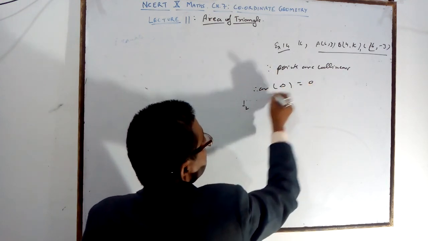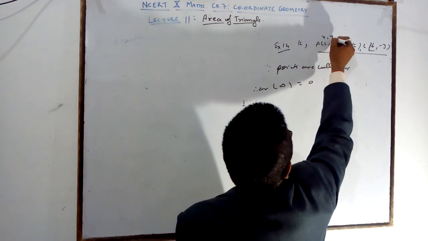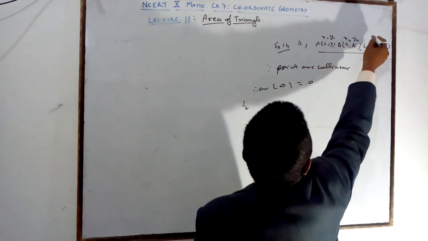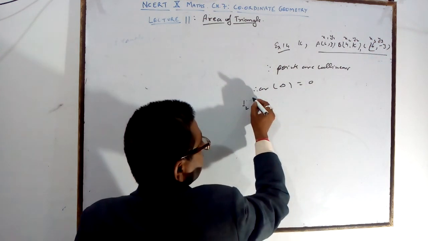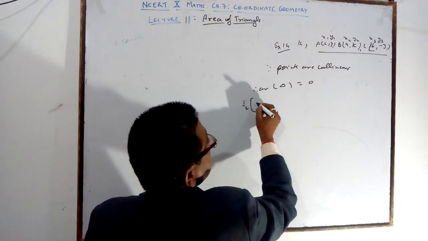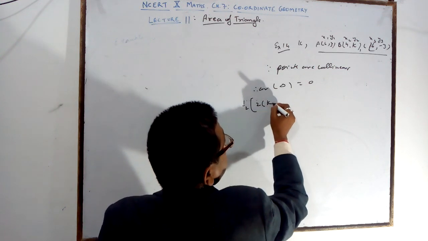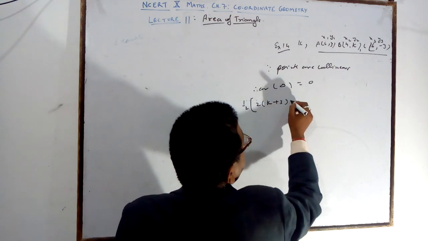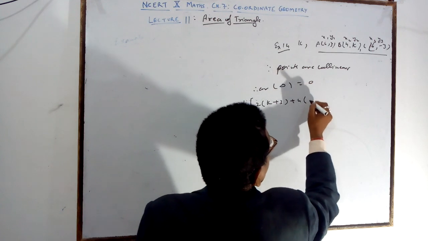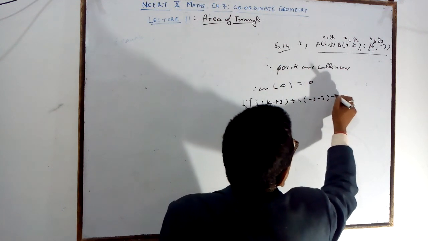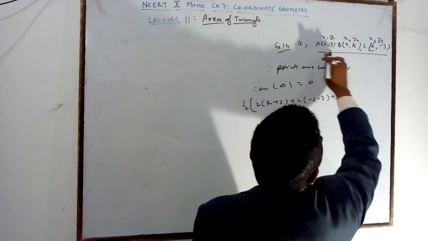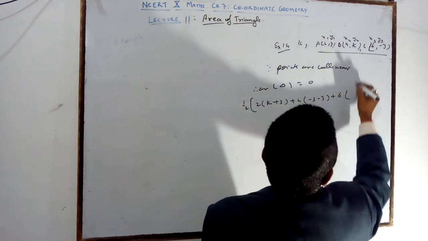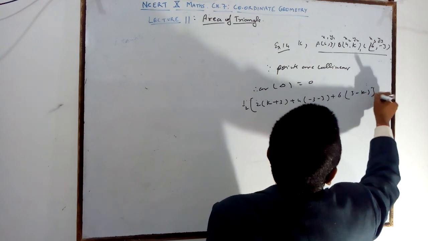So half you will write x1 y1, x2 y2, x3 y3. So half x1, what is the x1? 2 into (k minus minus 3), plus x2, 4 into (minus 3 minus 3), plus x3, 6 into (3 minus k) is equal to 0.